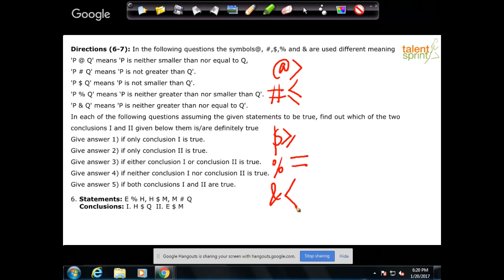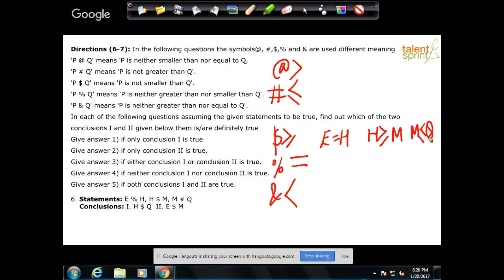Statement 1 says E % H, which means that E is equal to H. Second statement says E $ M, which means that E is greater than or equal to M. And the third says M # Q, which means that M is less than or equal to Q.